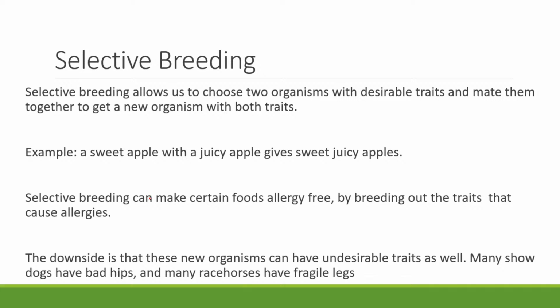Part of the downside for this is that a lot of selective breeding can often lead to inbreeding, where we're breeding the same two organisms repeatedly to get their traits, and then breeding the children together to keep those traits. And as we do that, the DNA is not able to change at all.